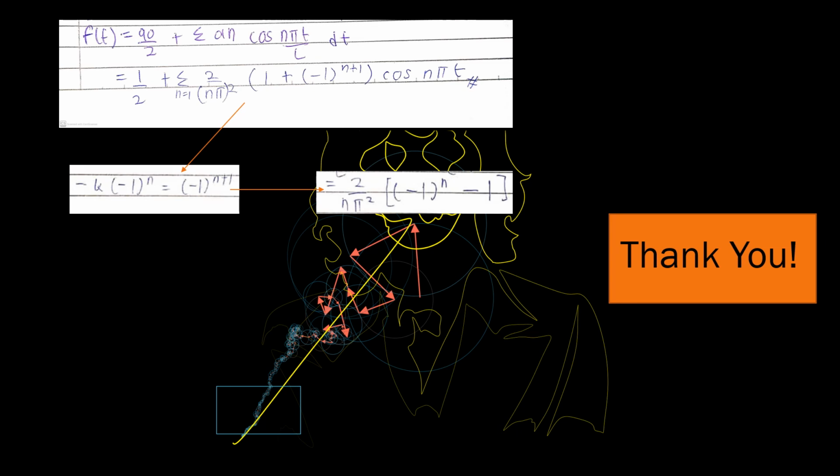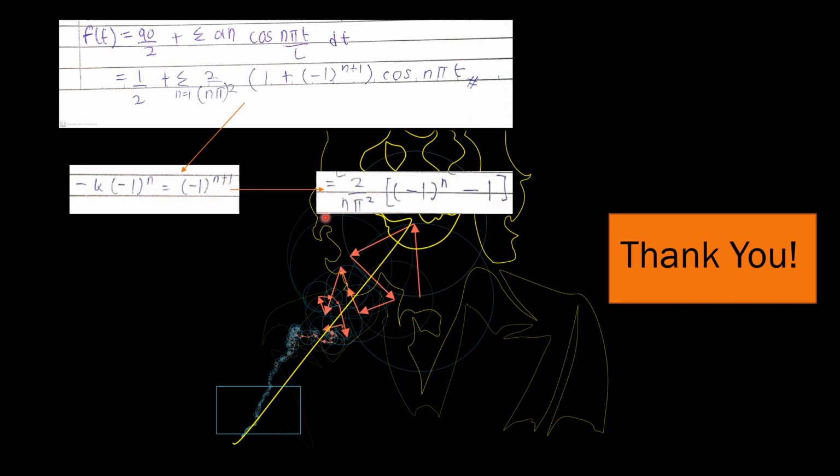So this an is a little bit different from the an I had written before. This is because I'm using the formula of negative k times negative 1 to the power of n. To remove the negative in front, negative 1 to the power of n becomes negative 1 to the power of n plus 1.